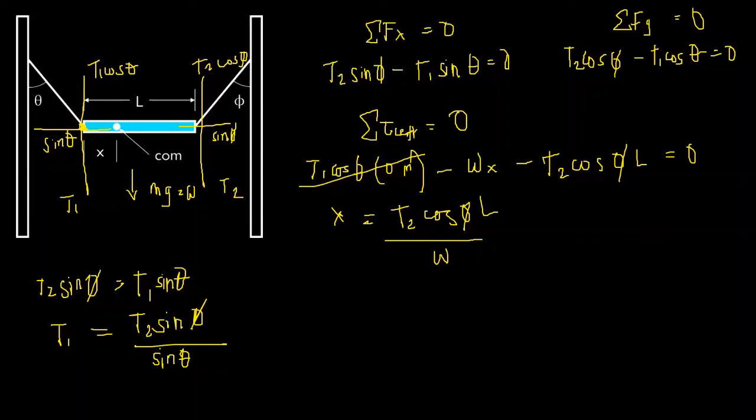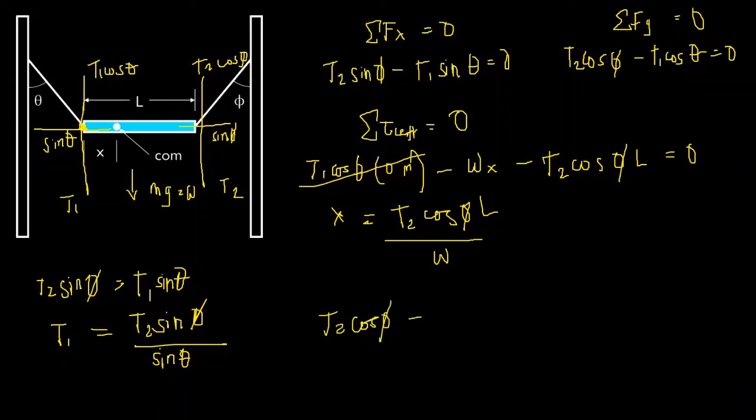So, to find the value of our T2, again we substitute T1 into the summation of Fy. So this will become T2 cosine phi minus, so ano yung value natin ng T1?